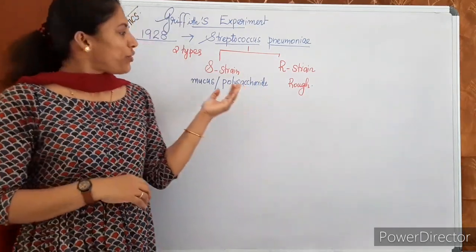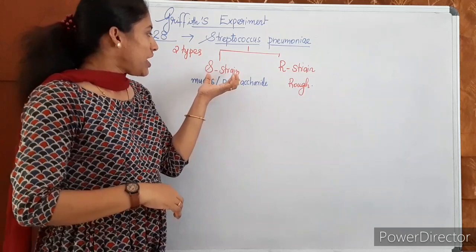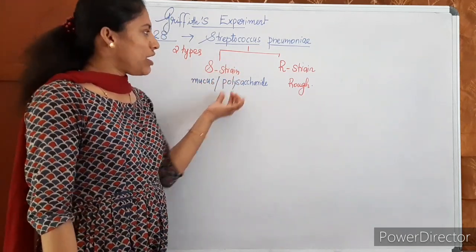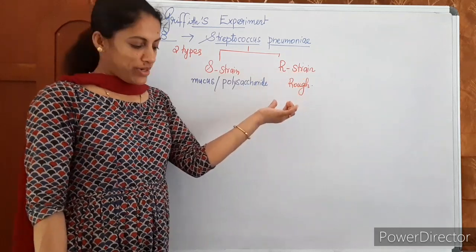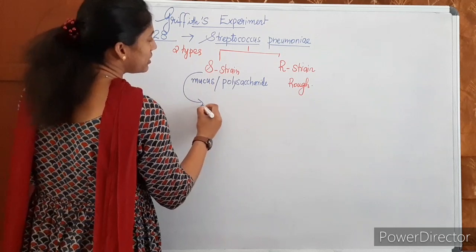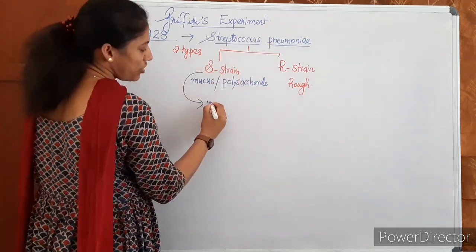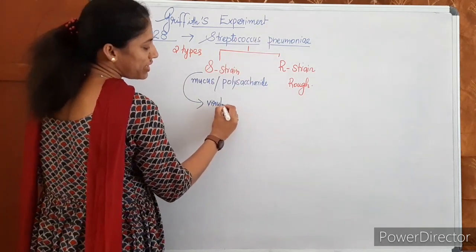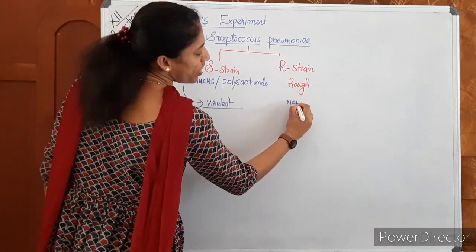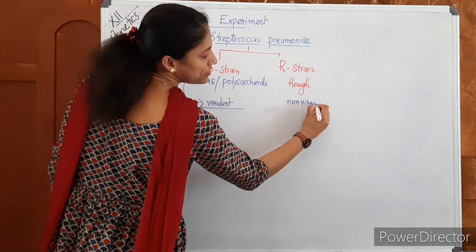What is more interesting is he found that only the S strain is virulent, R strain is non-virulent. That means only the S strain causes the disease pneumonia. This is the only virulent strain. The other one, R strain, was found non-virulent.